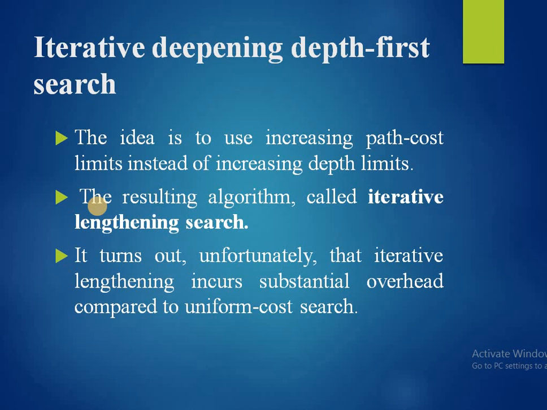The idea is to use increasing path cost limits instead of increasing depth limits. The resulting algorithm is known as the iterative lengthening search. It turns out, unfortunately, that iterative lengthening incurs substantial overhead compared to uniform cost search.